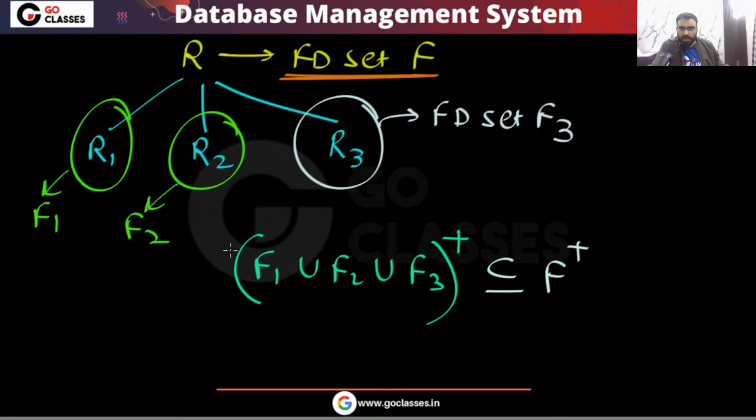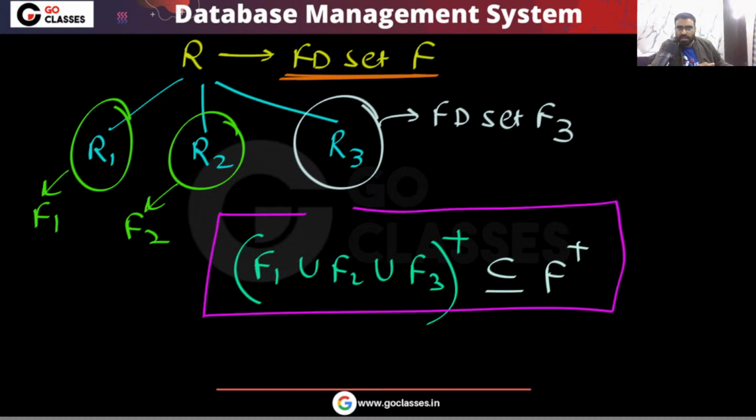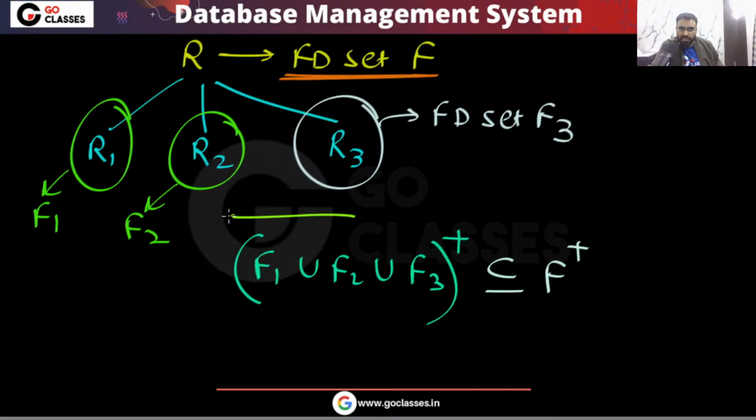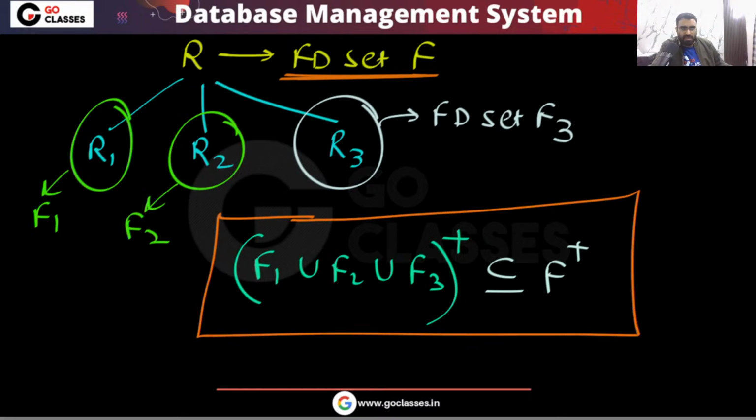Maybe it is possible that some functional dependency holds in relation R, but does not hold in the decomposed relations. That is possible. But it is never possible that you will get a new functional dependency in the decomposed relations. So this equation will always hold.